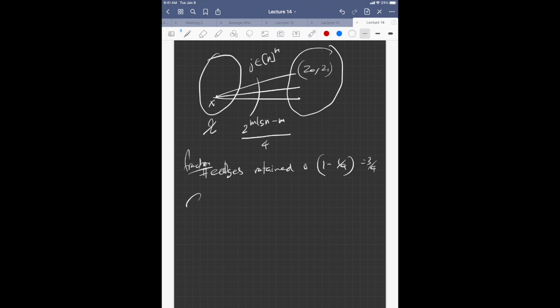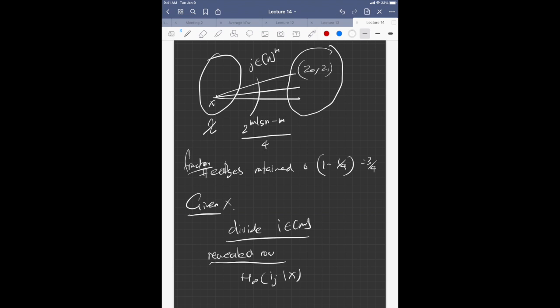So given x, our idea is the following. Given x, we want to divide the indices i in m into two things. We call a row revealed if the H infinity of ji in the neighborhood of x is small.